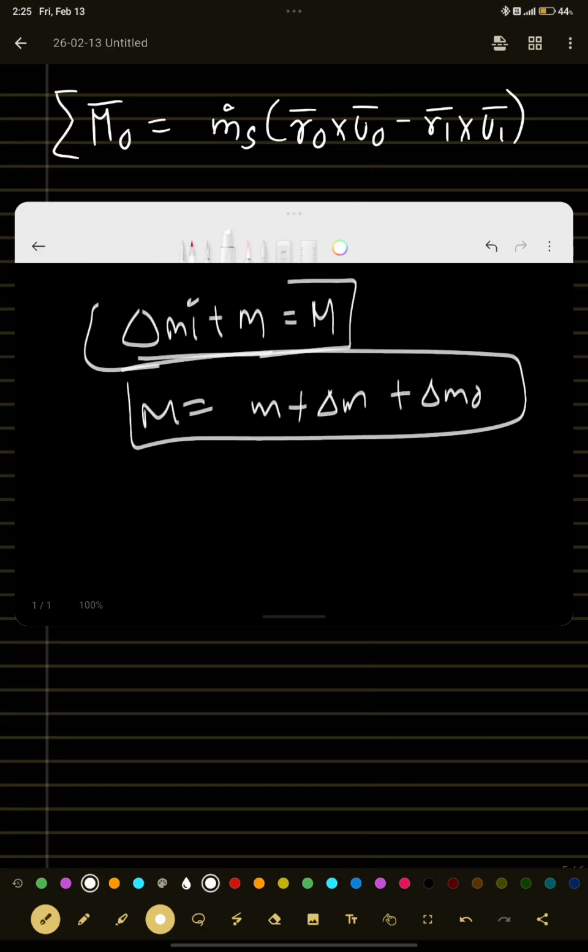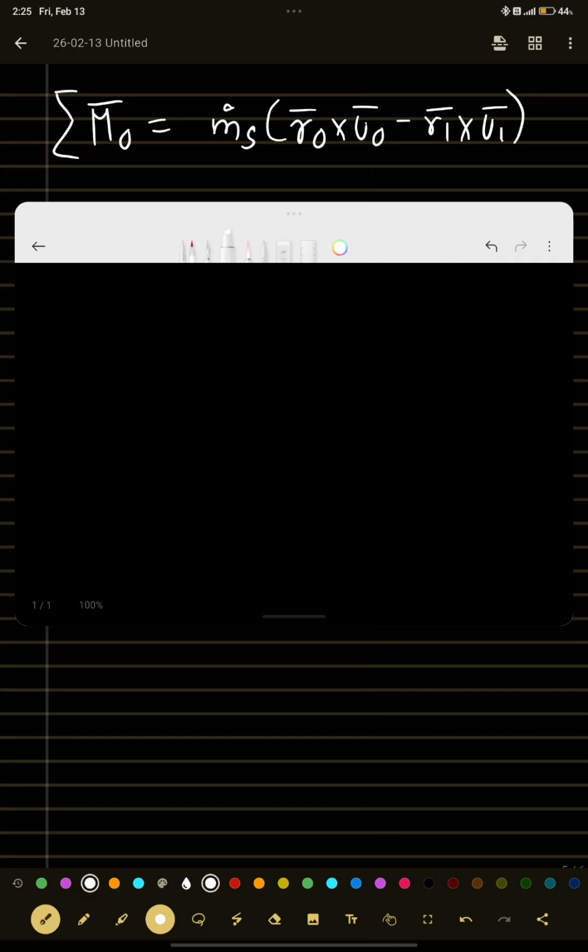So, this is the recap which we are having. How do you solve? So let us understand this problem.